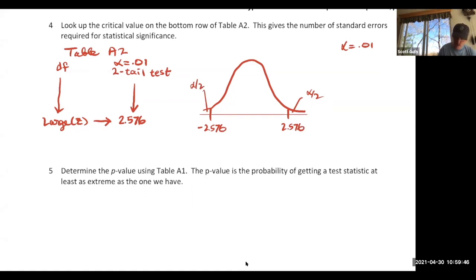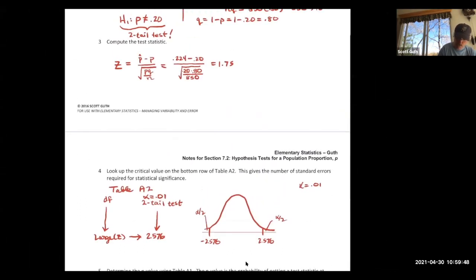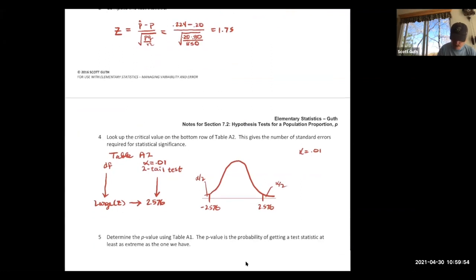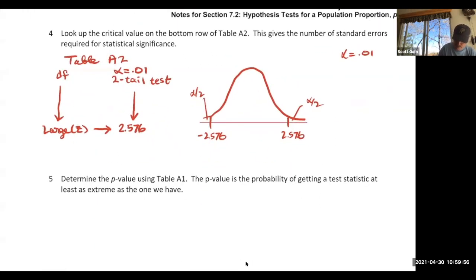Now, when you look at our test statistic, it was 1.75. So that's not even close. All right, so let's just go ahead and put that on here. These are called critical values. You have a positive critical value and a negative critical value. Those are the rule for statistical significance.